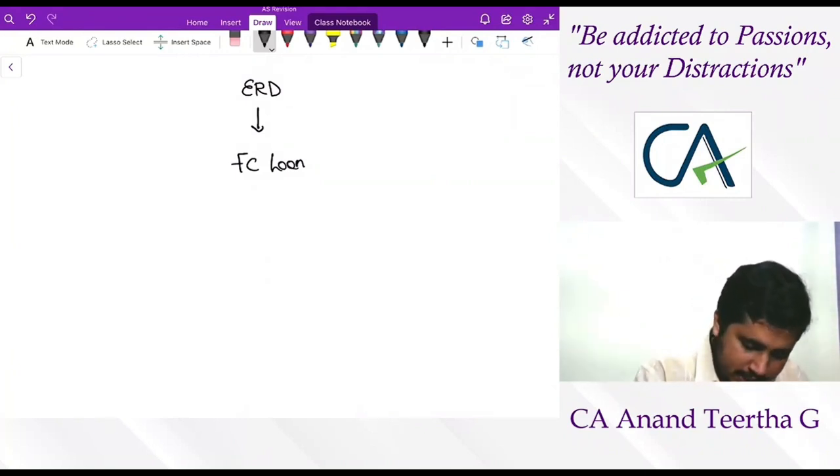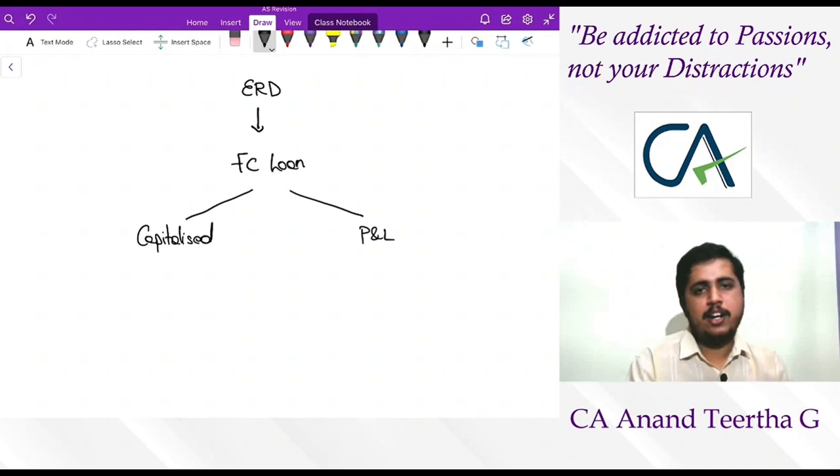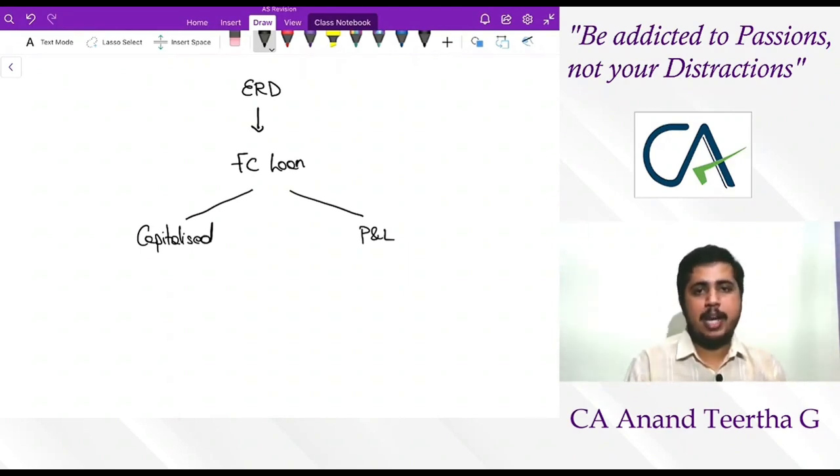So when there is an ERD on a foreign currency loan, part of it is allowed to be capitalized, part of it will be transferred to P&L. We know that normally ERD is transferred to P&L, but over here, part of it is allowed to be capitalized when there is a foreign currency loan.